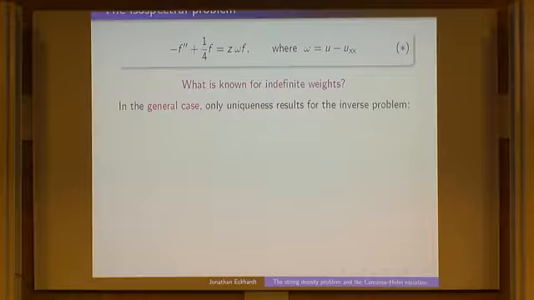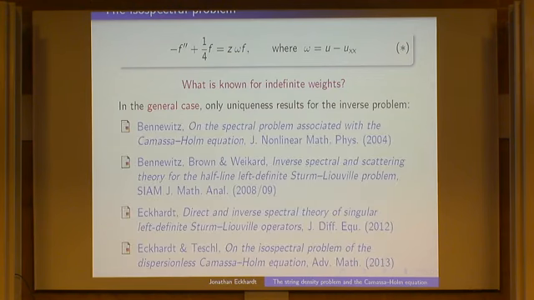First of all, what's known in the general case? Actually, there are only uniqueness results in the general case, I mean when you have infinitely many eigenvalues. It started with a paper by Benowitz about 10 years ago, then some modifications by Brown and Eckhardt, and then some papers by myself.